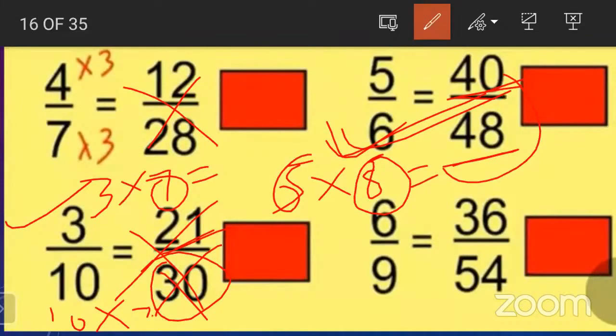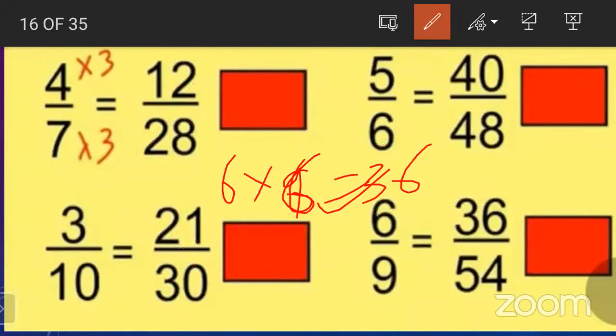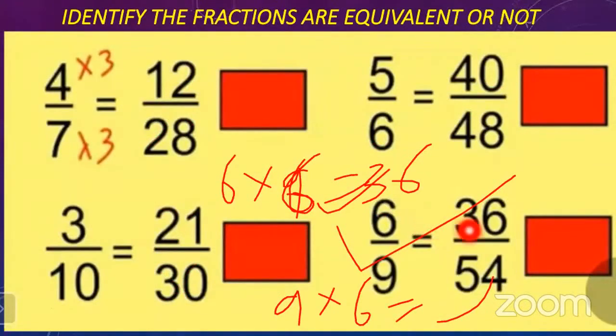Now 6 multiplied by what? 6 6s are 36. Okay, and 9 6s are 54. Yes. So what does it mean? This is an example of equivalent fraction, because both fractions have the same value. 6 upon 9 is equal to 36 upon 54.